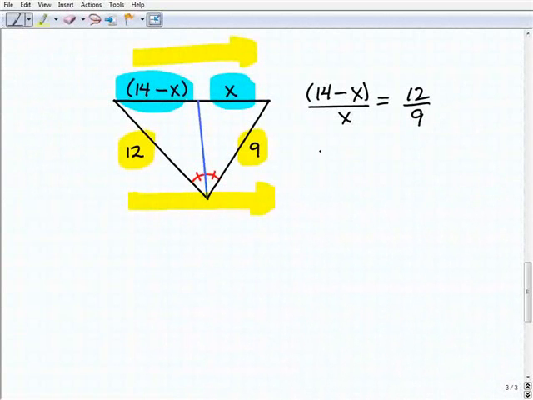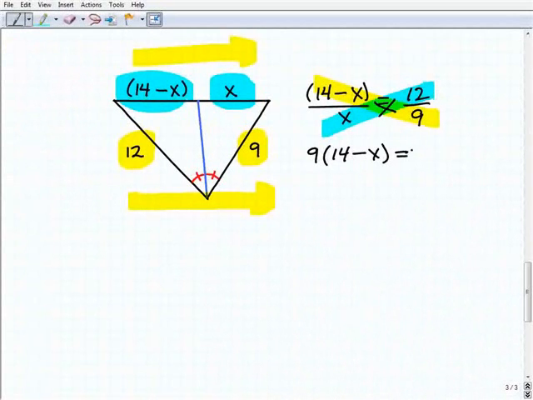So let's go ahead and solve here. Once again, cross product: this times this is going to be equal to this times this. The product of the means is equal to the product of the extremes. So this is going to be 9 times 14 minus x is equal to 12x. If you need to get your calculator out, that's not a problem.